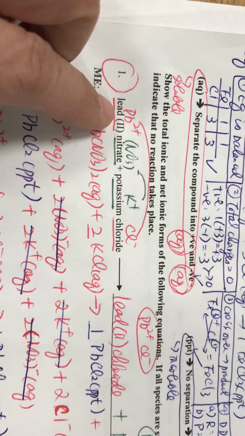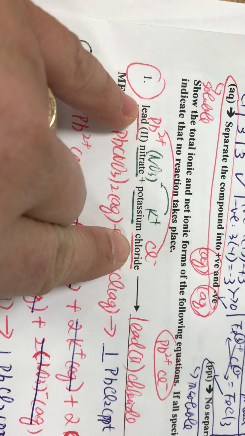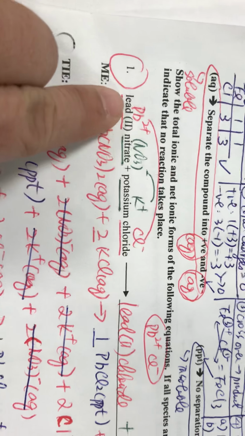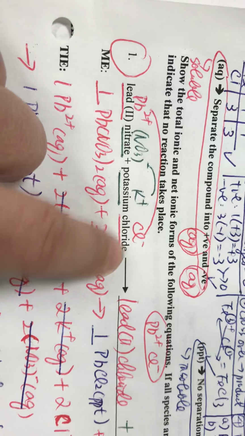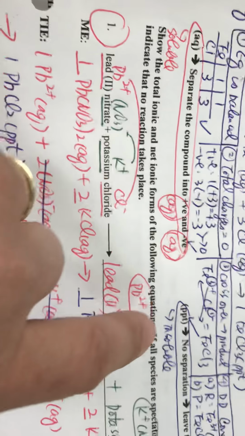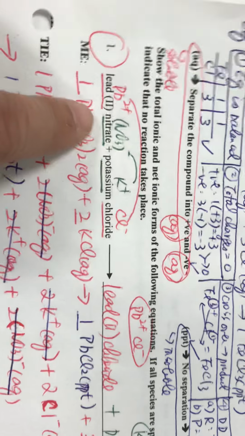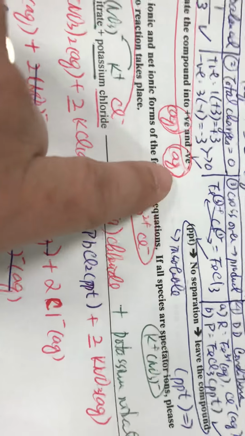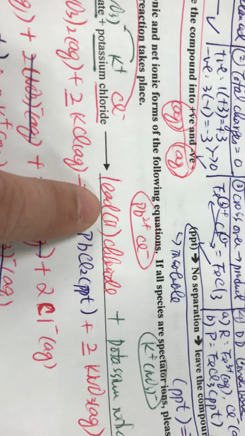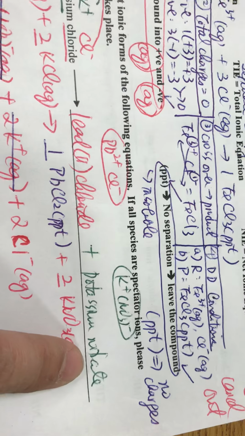So number 1, we're going to underline the outside, right? The 2 outside, the first and the last, with the negative. We write down the charges and we draw the rainbow, right? Pb2+, Cl-, we draw the rainbow, and then we bring the cloud to here. And then the negative inside too, we also underline them, we draw the rainbow, and we bring them to the second. And then we cross them back, and we get lead-2 chloride, and then potassium nitrate.